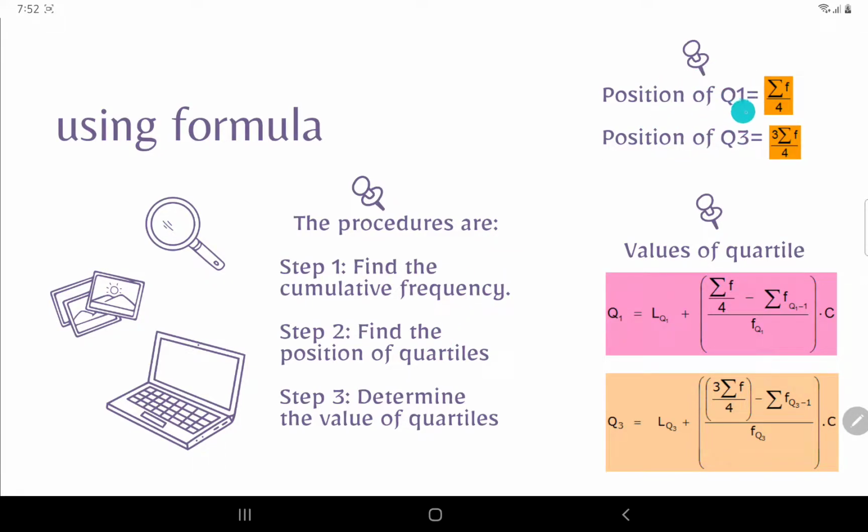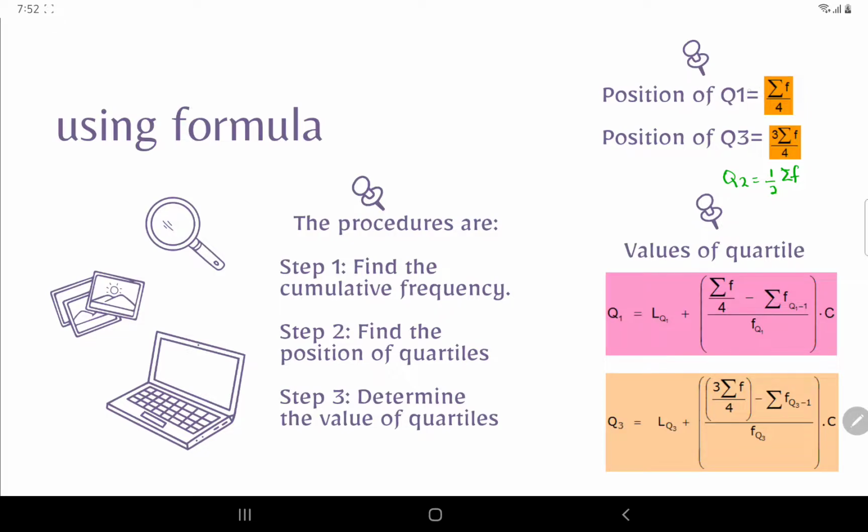And then the second step is you need to find the position of quartile using this formula. Actually this formula is similar to the position of quartile for ungroup data just now. For Q1, we have 1/4 here. Q3 has 3/4. For Q2 we can make the formula ourselves, because we know Q2 is 1/2, times the total of frequency.